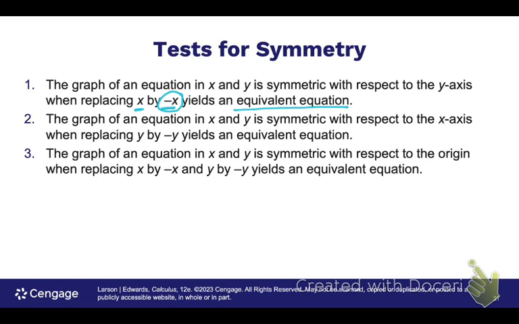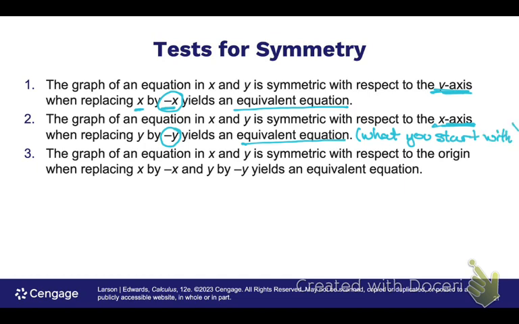That is the y-axis. For the x-axis, you replace the y with negative y, and when you simplify, you get what you started with. This equivalent equation is what you started with. Does that make sense?